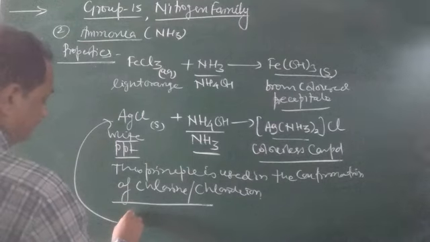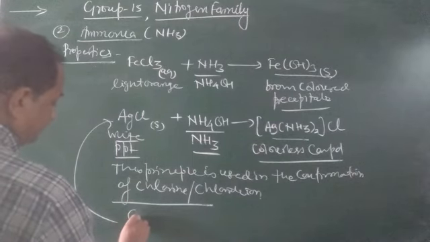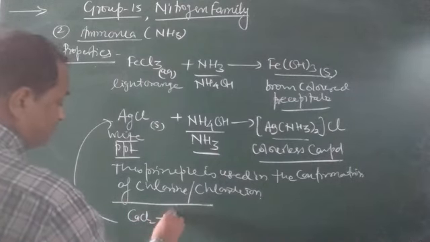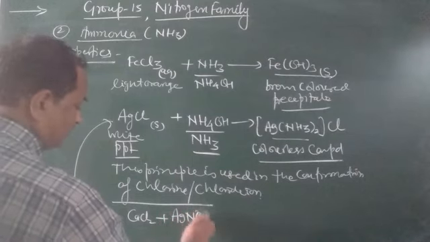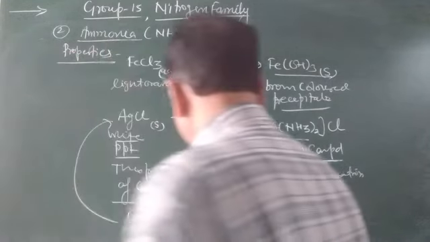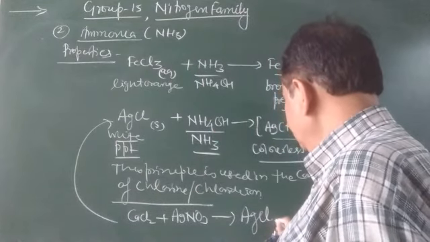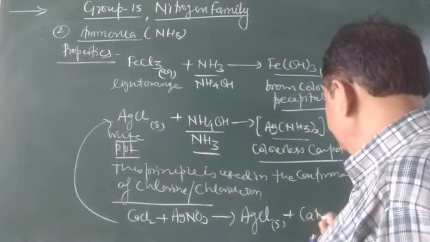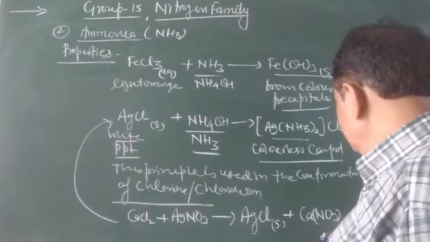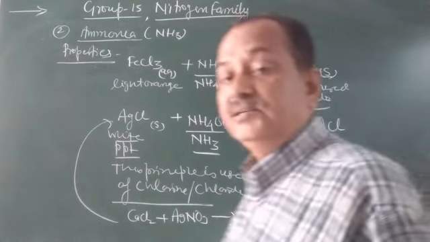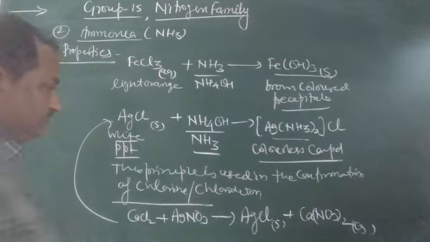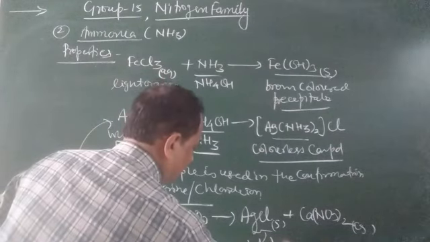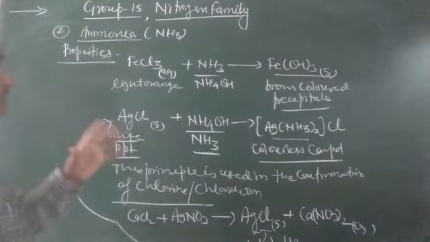Take the case of CaCl2 and add some silver nitrate. There is formation of AgCl white and Ca(NO3)2 aqueous. So this white precipitate confirms the presence of chloride. This is very important to know.